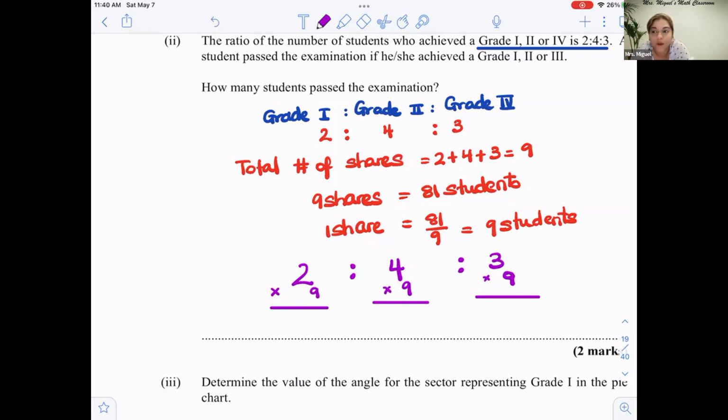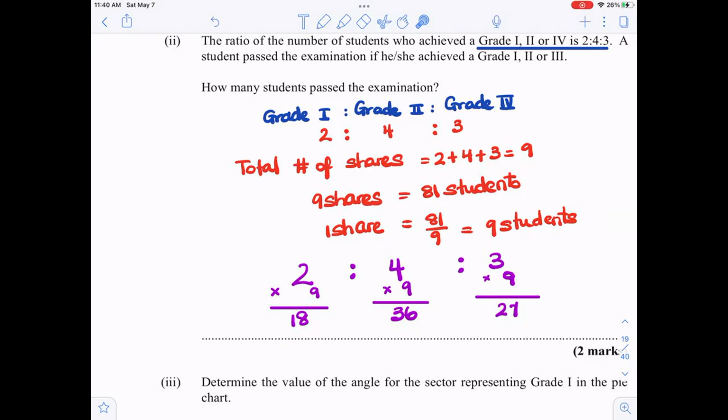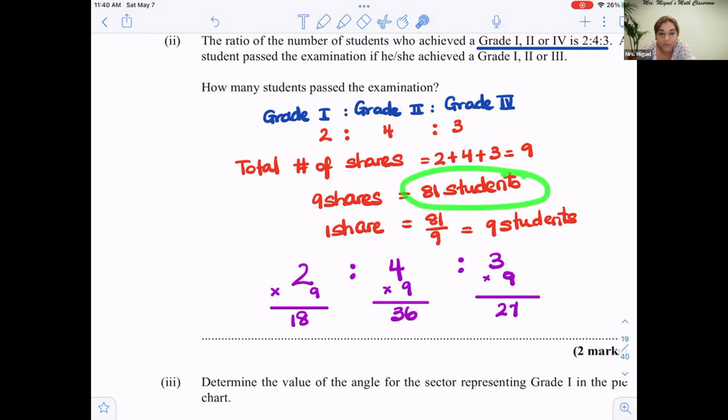Two by 9 is how much? 18. Yes. 9 fours, 36 and 27. Somebody quickly with your calculator, add these 3 figures. 81. So do you see that all the students are accounted for?